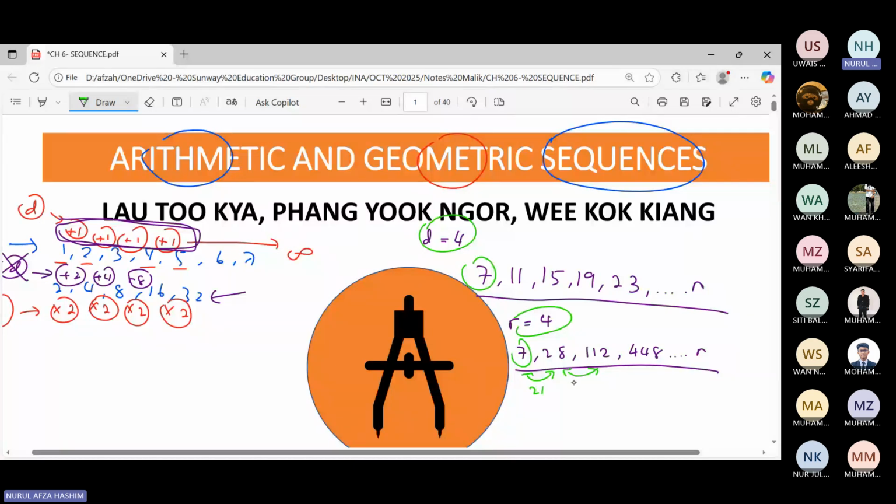The difference here, 448 minus 112, is 336. So you can see that the differences are not the same. So this sequence cannot be arithmetic because the difference is not the same. It must be geometric. That's how you identify it.